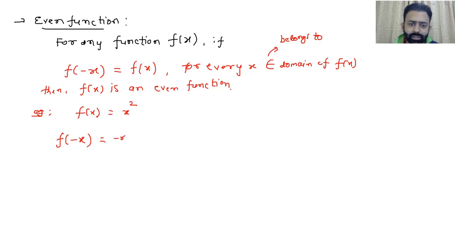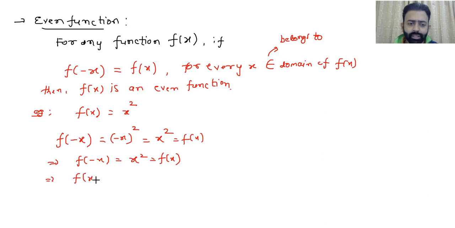So you put (-x) whole squared, because the function is squaring the input. This time the input is -x, so it is squaring the negative input, so it is coming out to be x squared, minus minus will become plus, which is actually f(x). So f(-x) is coming out to be x squared, which is equal to f(x). So we can say that f(x) is an even function. This is example 1.